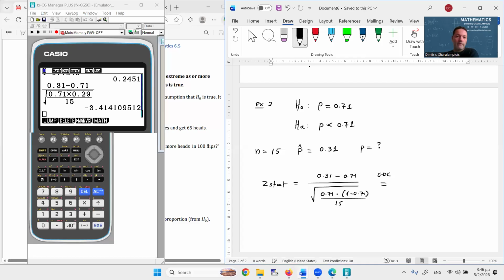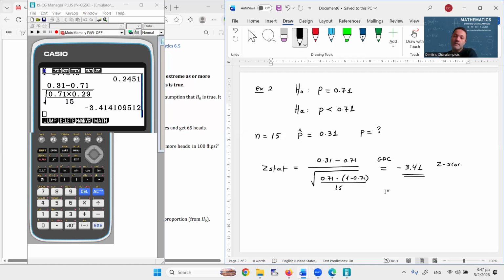So over 15, we ended up with negative 3.41. This is the z-score. How is this related to the p-value? I'll draw a normal bell.